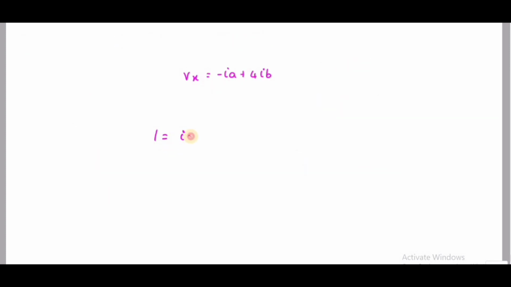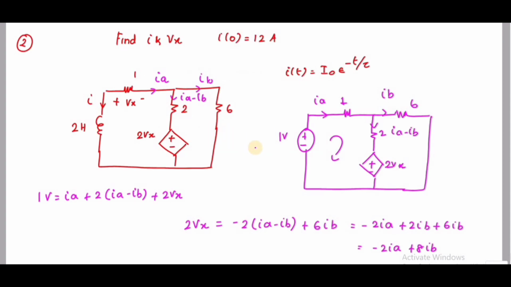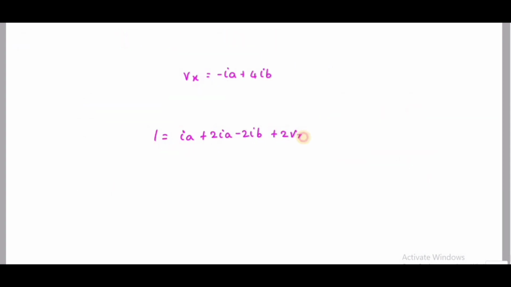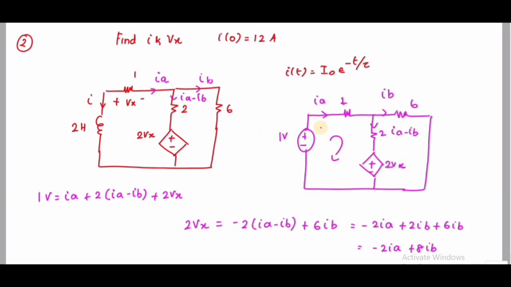So here you can see Vx is equal to Ia, right? So I can write the equation like this.